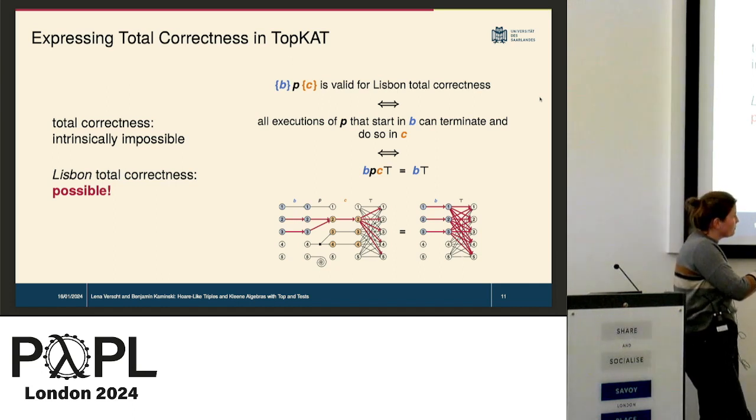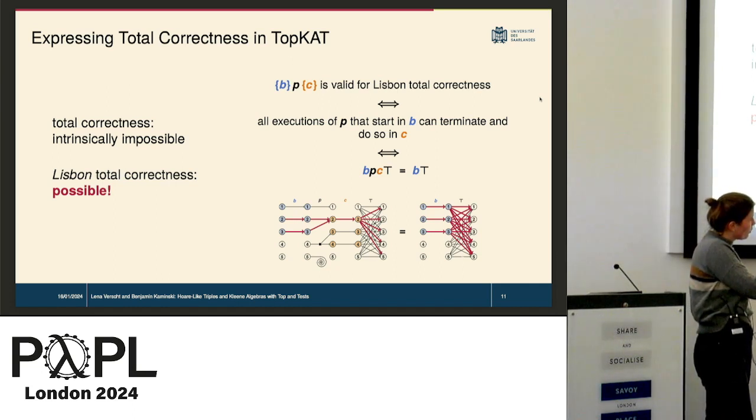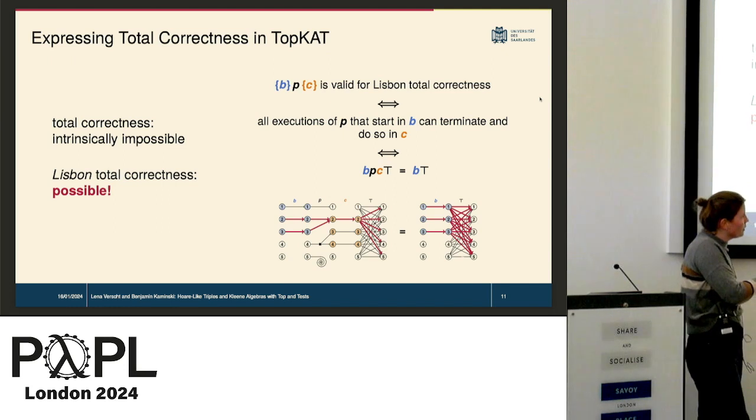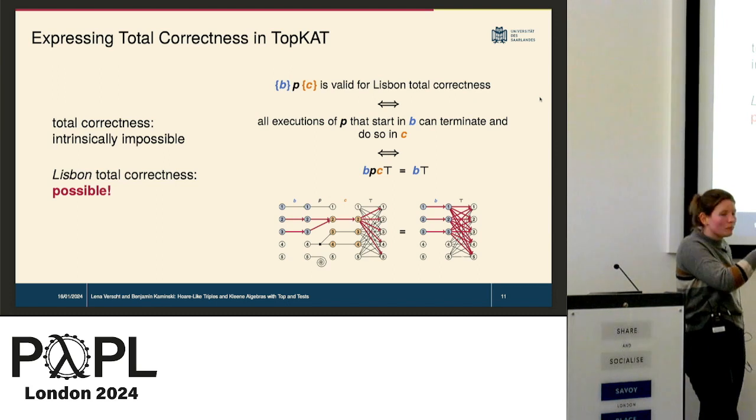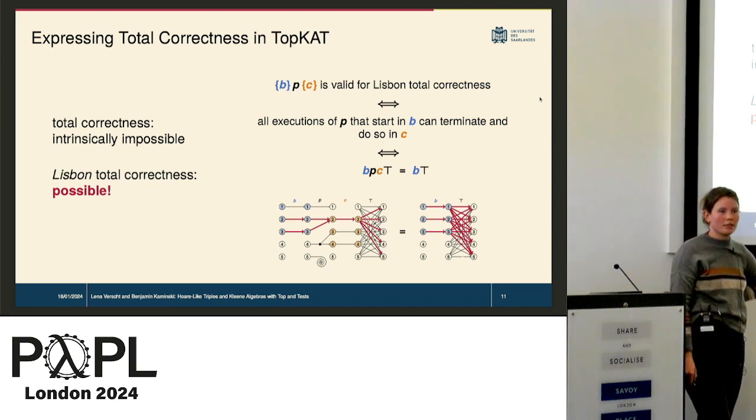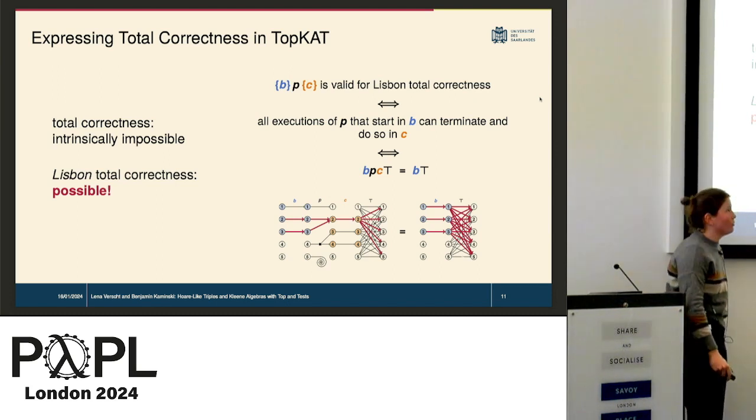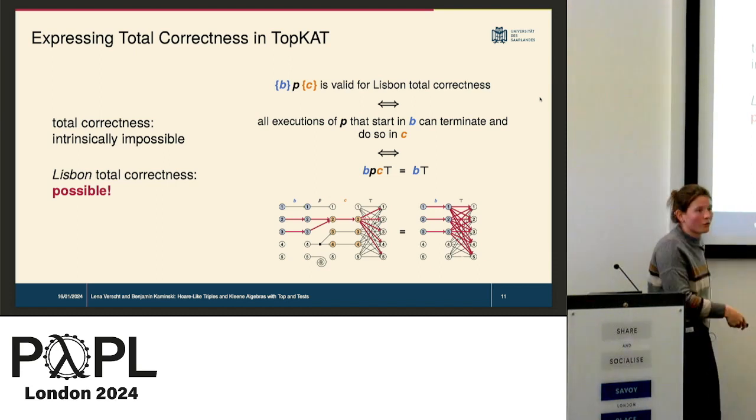Now we compare all initial states that satisfy B and can terminate in C with all initial states satisfying B. So if these two relations are the same, then all states in B must have some execution to a state satisfying C, which was exactly this Lisbon or angelic total correctness.